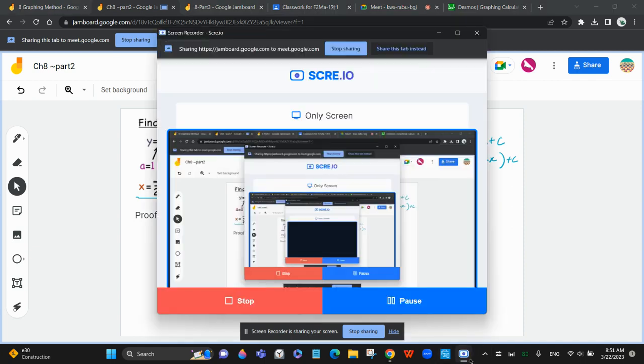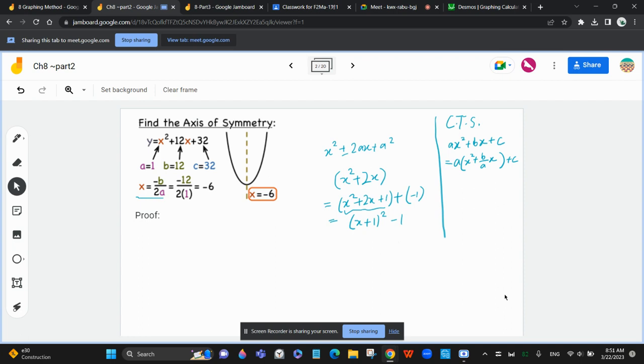To add a term so that it is a perfect square, we need to add the term b over 2a squared.